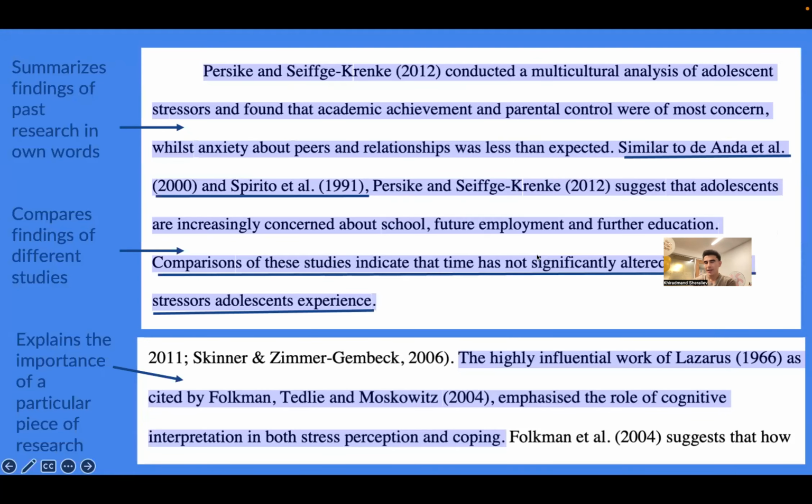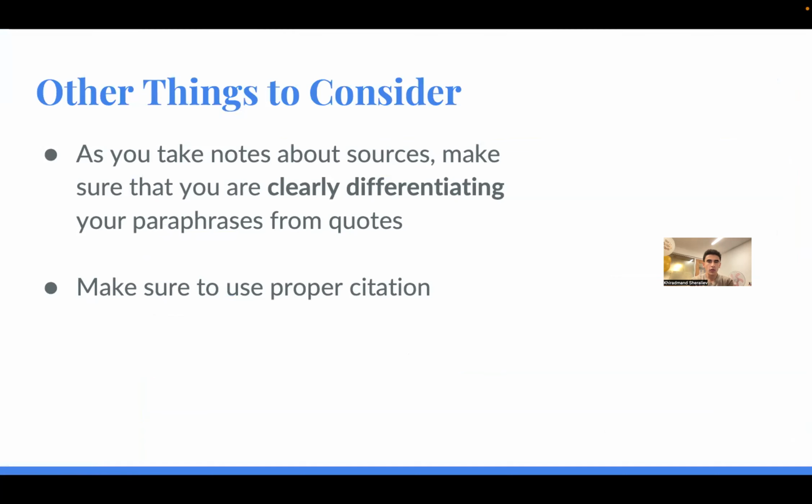Okay, so that was one kind of short example, but there are a lot of them. So you may go find examples of a literature review and see them. Other things to consider in addition to what we have discussed: as you take notes about sources, make sure that you are clearly differentiating your paraphrases from quotes.